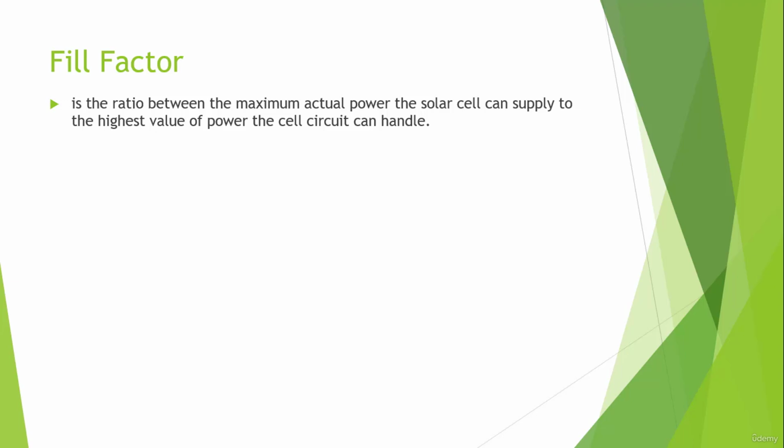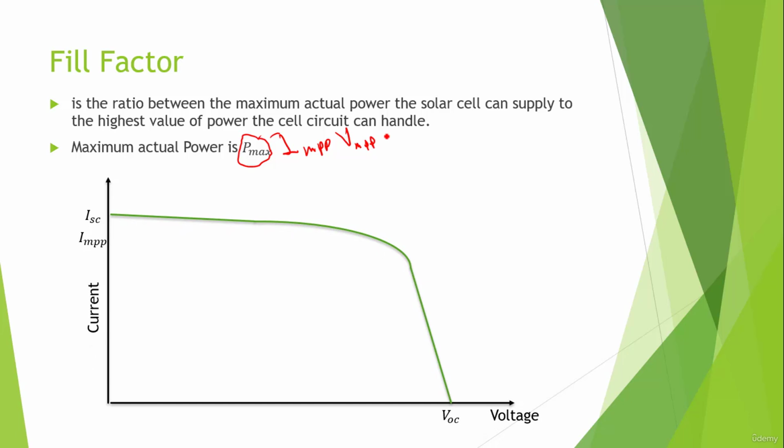So, if you have a typical solar cell designed to produce a maximum power, depending on I_MPP, the maximum power point current, and V_MPP, the maximum power point voltage, it is going to have a typical curve like this. This curve has I_MPP at this point and V_MPP at this point.